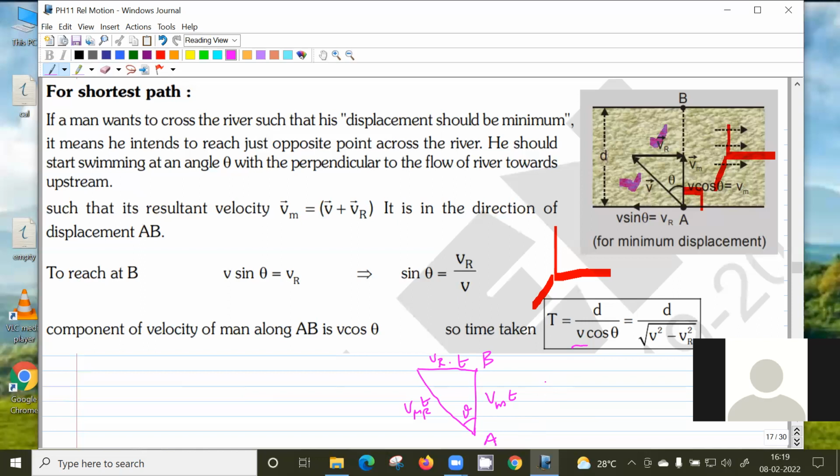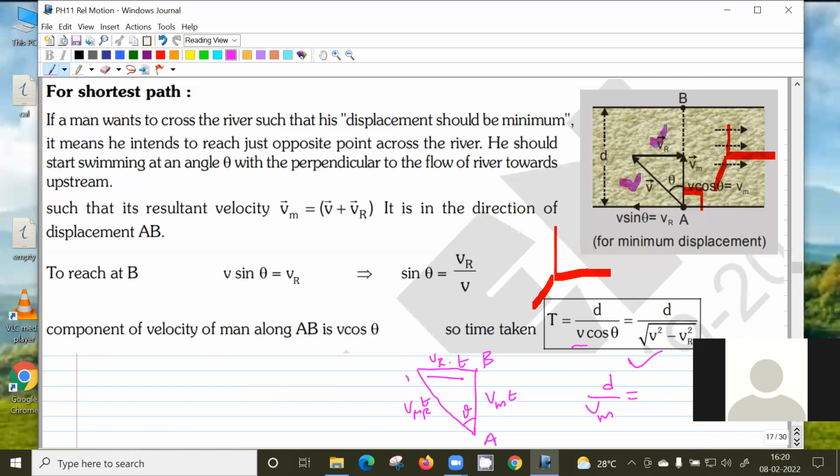Time is distance divided by velocity of man. Velocity of man is the square root of hypotenuse square minus this square. So this is the formula.